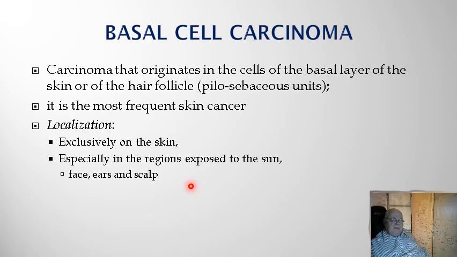They are more frequently affected by the appearance of this basal cell carcinoma. So again, it's only for the skin because the origin, in fact, is in the hair follicle, and only the skin has hair follicles and not the mucosas with squamous epithelia cover.